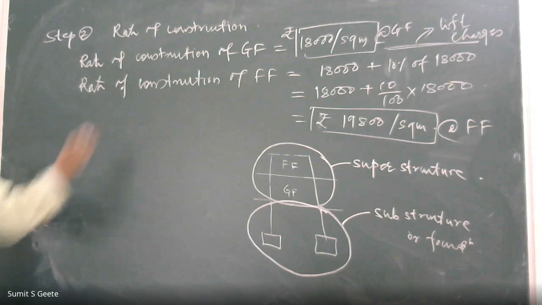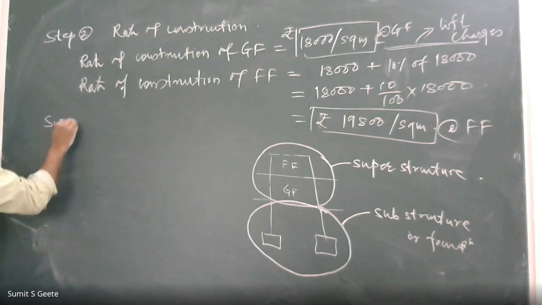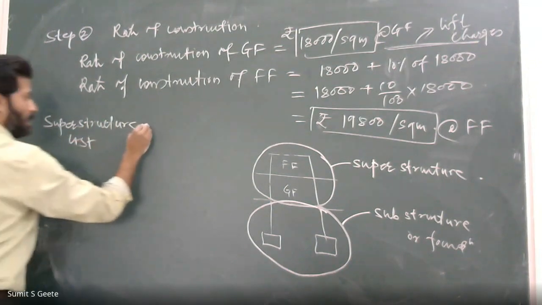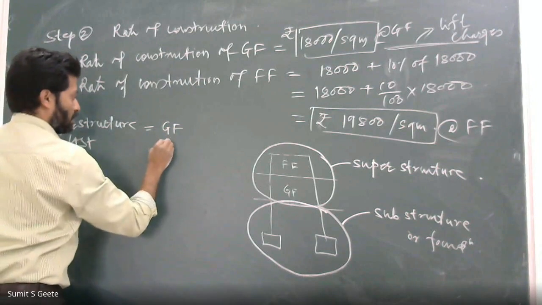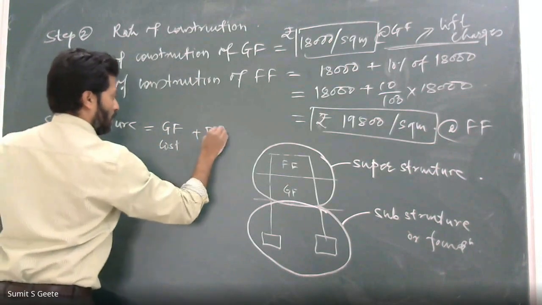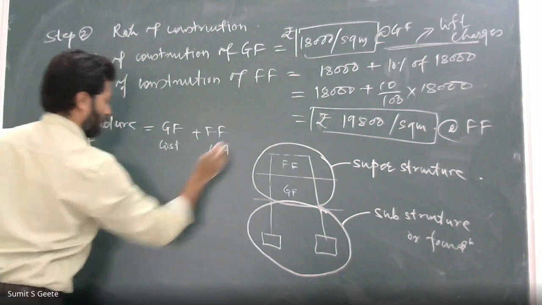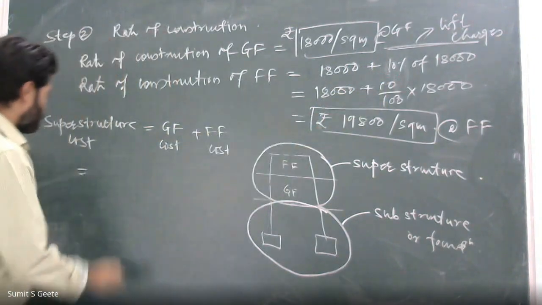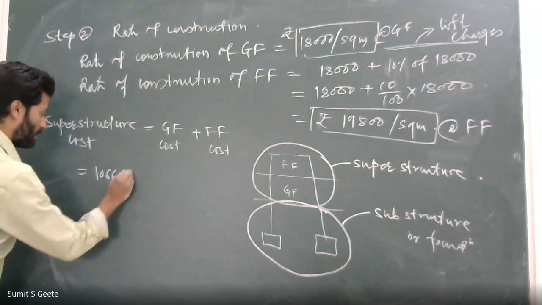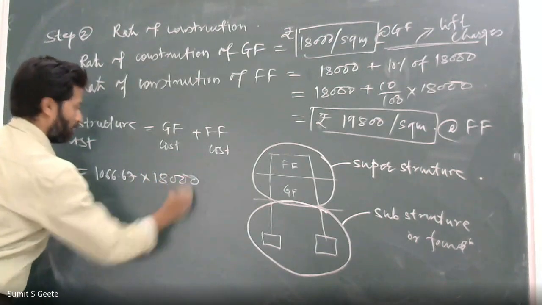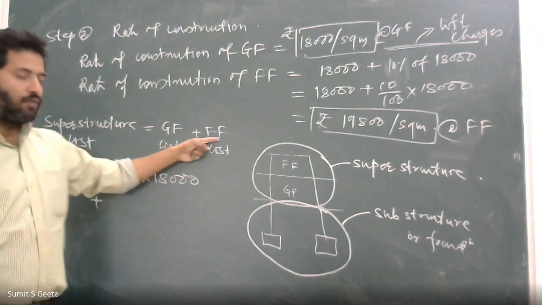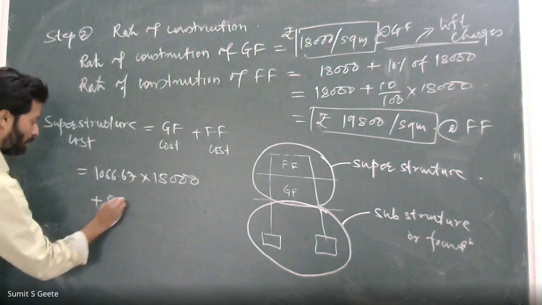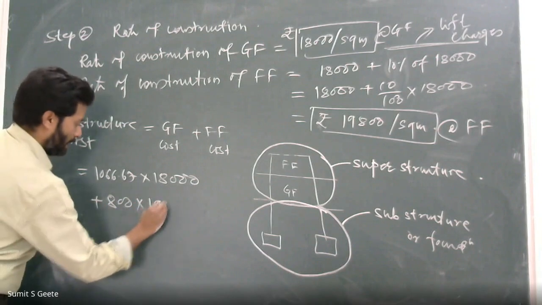So superstructure cost is equal to ground floor cost plus first floor cost. How are we going to find the ground floor cost? You know the area of ground floor, it is 1066.67 multiplied by 18,000. Plus the first floor cost: the first floor plinth area is 800, so we multiply 800 by 19,800.